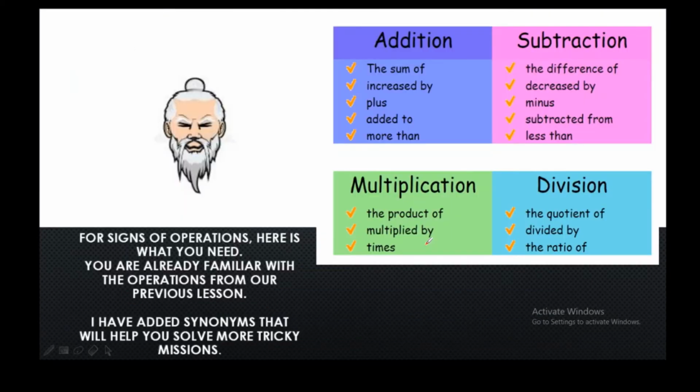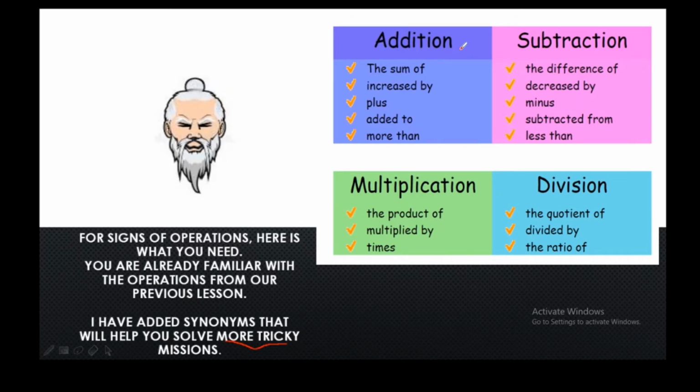Okay, so this is Sensei. Sensei is telling us how to tackle more tricky missions. If you find more difficult tasks, these are the things you need to remember. We talked about the 4 basic signs of operation in mathematics in our previous lesson. I keep on making reference to our previous lesson. If you've not watched that or studied with us on the first lesson, I think you should go back and see where we started from.